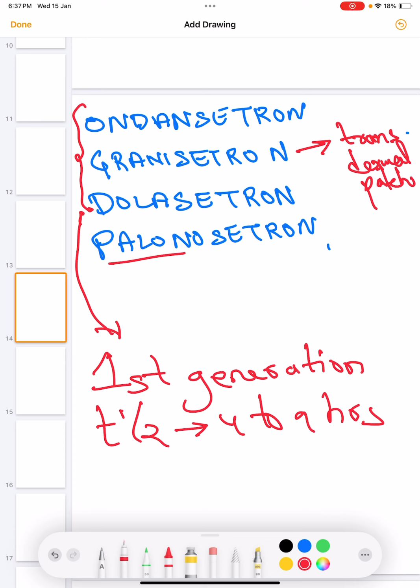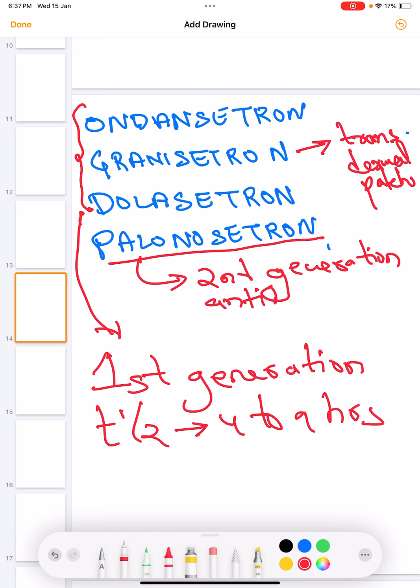While palonosetron is a second generation 5-HT3 receptor antagonist, and its half-life is around 40 hours, so it is long acting.